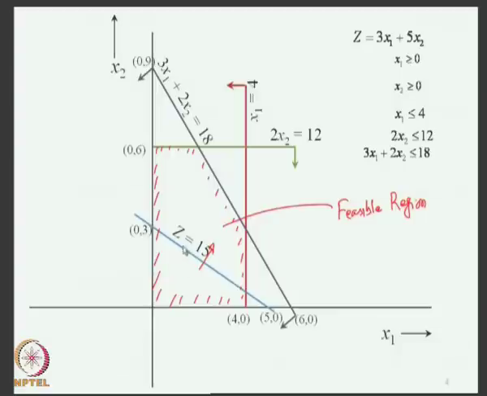Starting with the z value, we kept on increasing it, ensuring that it still lies within the feasible region, and we achieved that particular point beyond which z can no further be increased without violating any of the constraints. And this we saw lies at a particular corner.